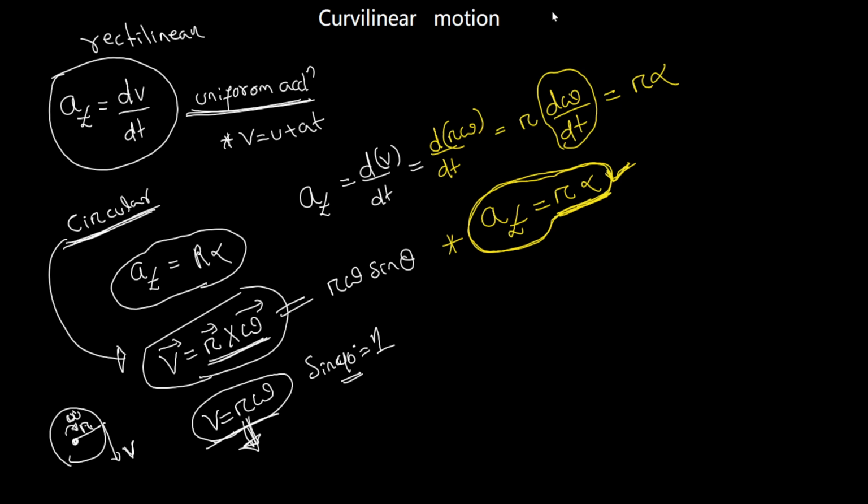Whenever alpha is equal to 0, that means the particle is rotating at a constant angular velocity. In this situation, the derivative will come out to be 0, so the tangential acceleration at will be 0.